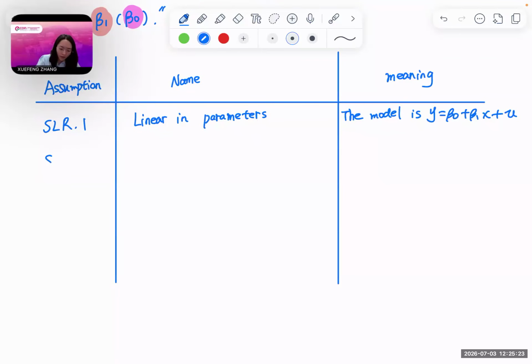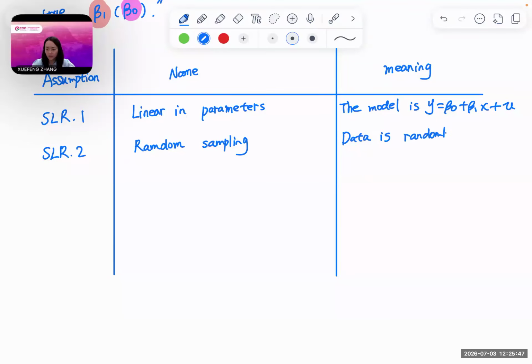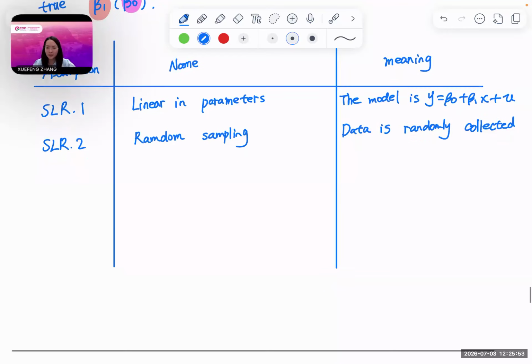And the second one is SLR.2, random sampling. It means that data is randomly collected. Okay, there's no cherry picking.